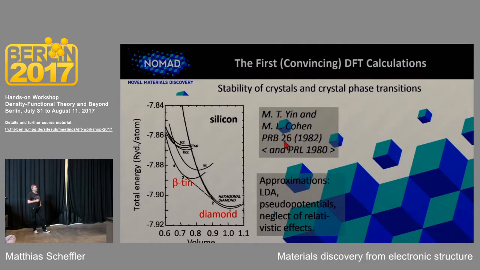But anyway, the PRB in 1982 shows the total energy of silicon as a function of volume. And you see this parabola type, which you have seen before. And you see this for different structures: the diamond structure, the hexagonal structure, the beta-tin structure, simple cubic, BCC, HCP, and so on. They plotted it as a function of volume, and they used the normalization with the experimental volume, so 1 is the experimental volume.